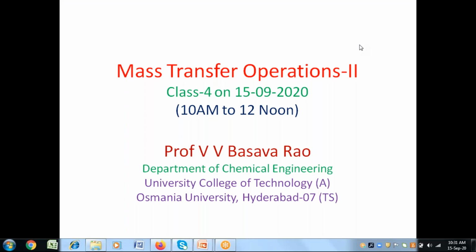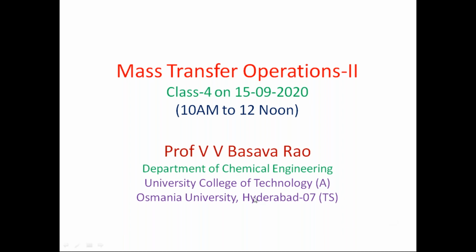Today we will again relook at the advantages of the reflux ratio, and we have discussed in the last class that the reflux ratio has certain advantages. So let us see what advantages it has.